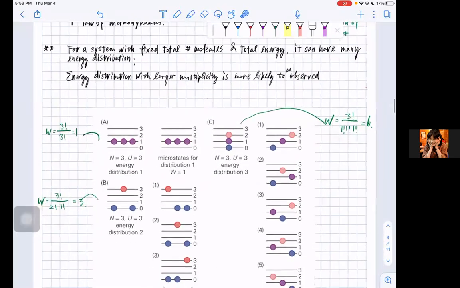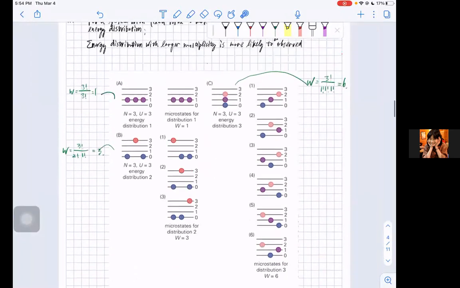One thing to notice is that a system with a fixed total number of molecules and fixed total energy can have many different energy distributions, which is what we just did, right? So we have N equal to 3 and U equal to 3 for all 3 energy distributions.